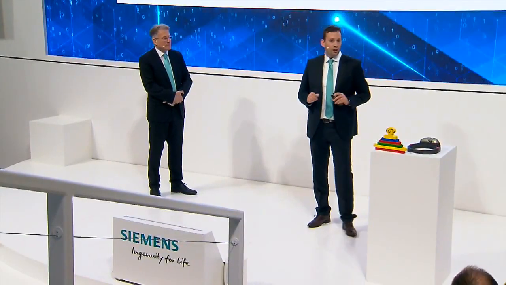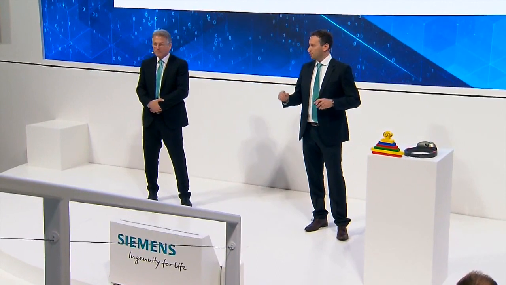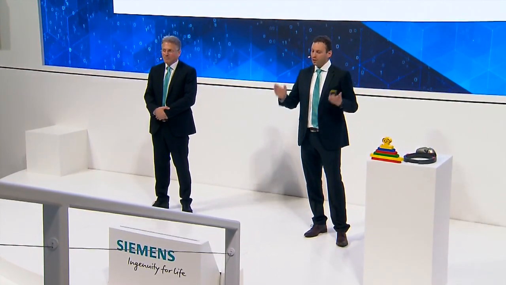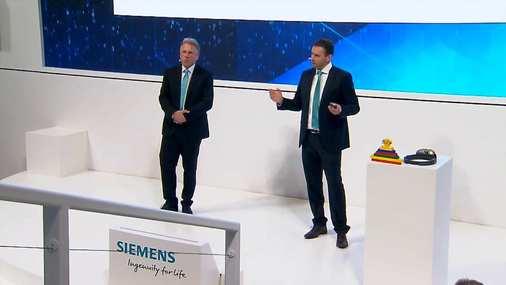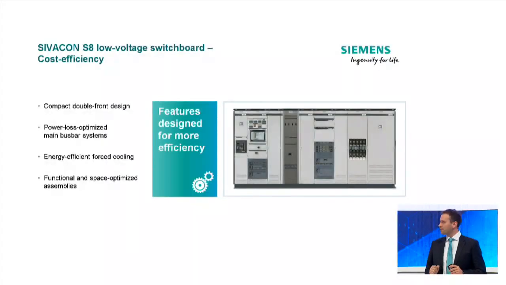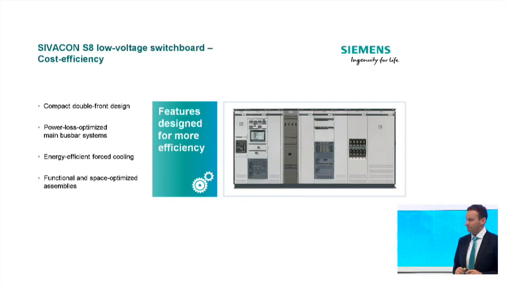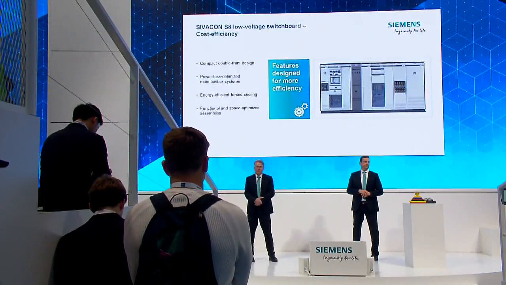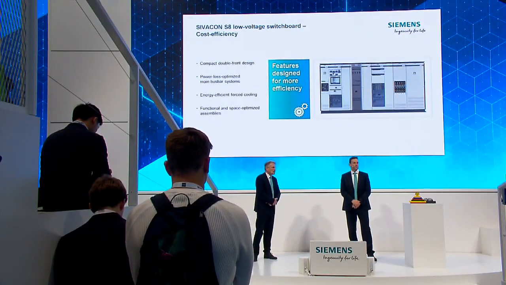And if we combine the new LI system with our SIVACON S8 switchboards, you can even save more space and money. For example, the S8 offers a compact double front design, an energy-efficient forced cooling system, and with numerous functional and space-optimized units and design, you can fulfill almost every customer requirement in a perfect way. That sounds very cost-efficient and highly flexible to me.